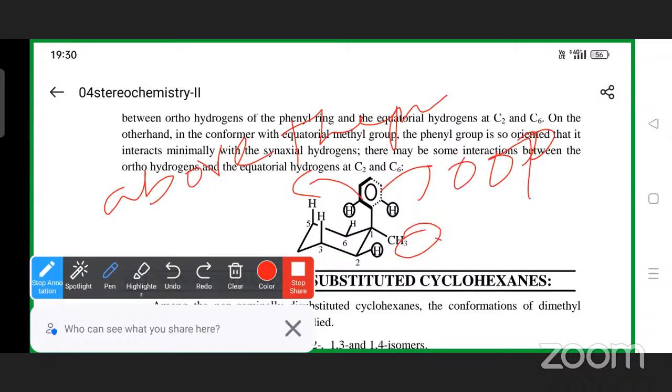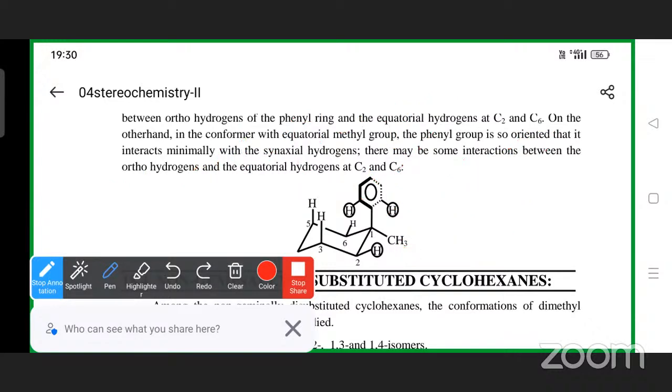These hydrogens are away from this phenyl group here. So there is no interaction between these hydrogens and this phenyl group, because of the orientation. There are only some parallel interactions here.